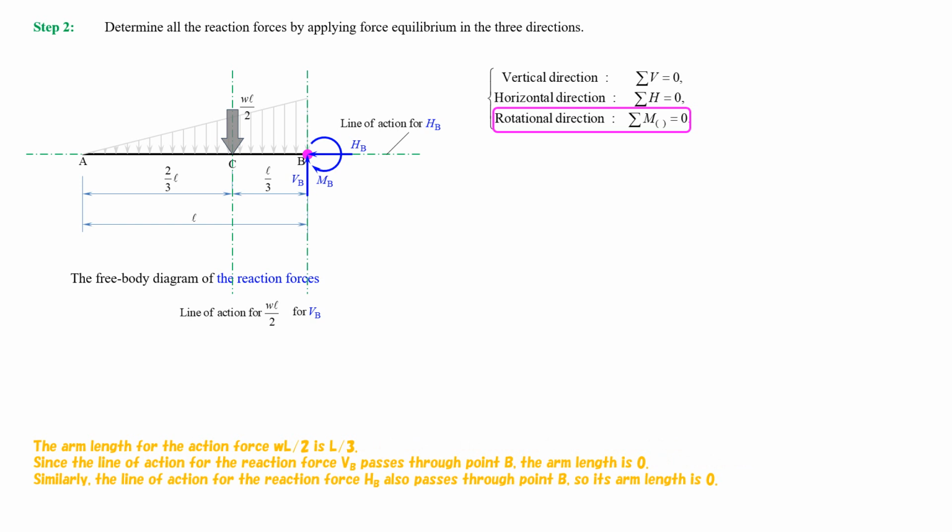The arm length for the action force, W multiplied by L, divided by 2, is 1/3 of L. Since the line of action for the reaction force VB passes through point B, the arm length is 0. Similarly, the line of action for the reaction force HB also passes through point B, so its arm length is 0.